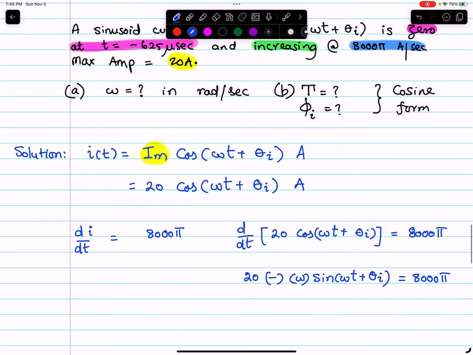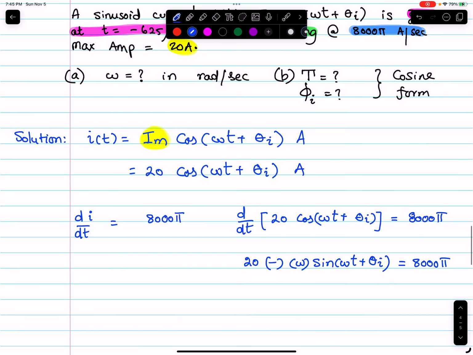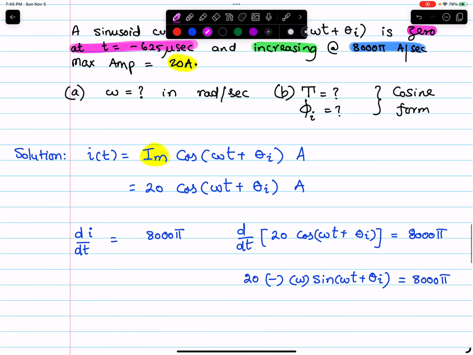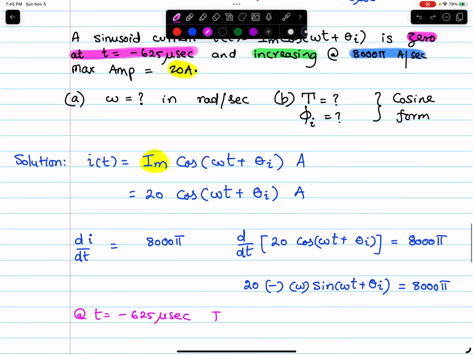Now let's use, you know what, I'm going to color code here and go by the other piece of information. At t equals negative 625 microseconds, i(t) is really 0.